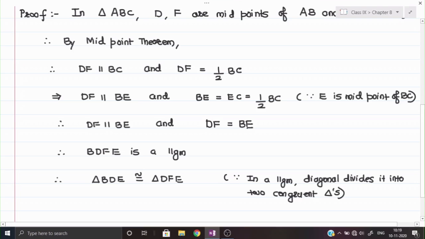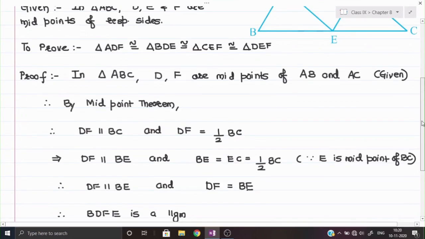That we know. So triangle BDE and triangle DFE are congruent.